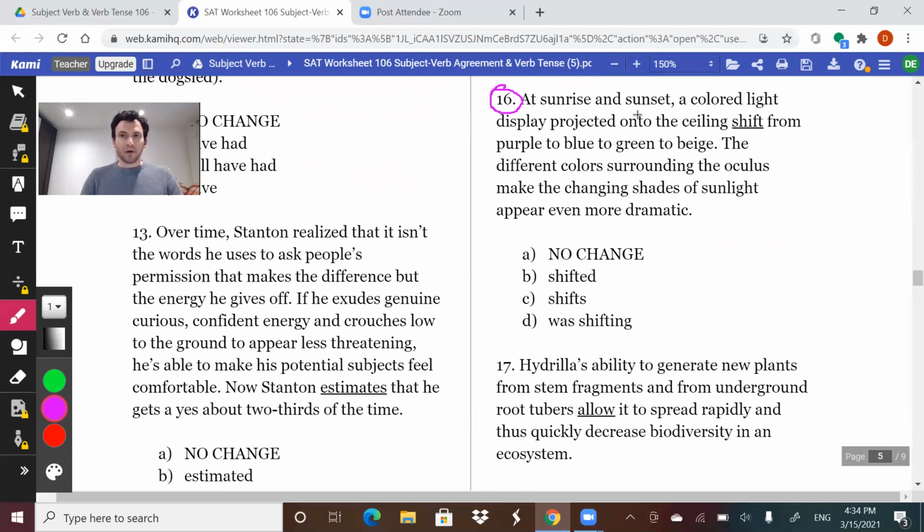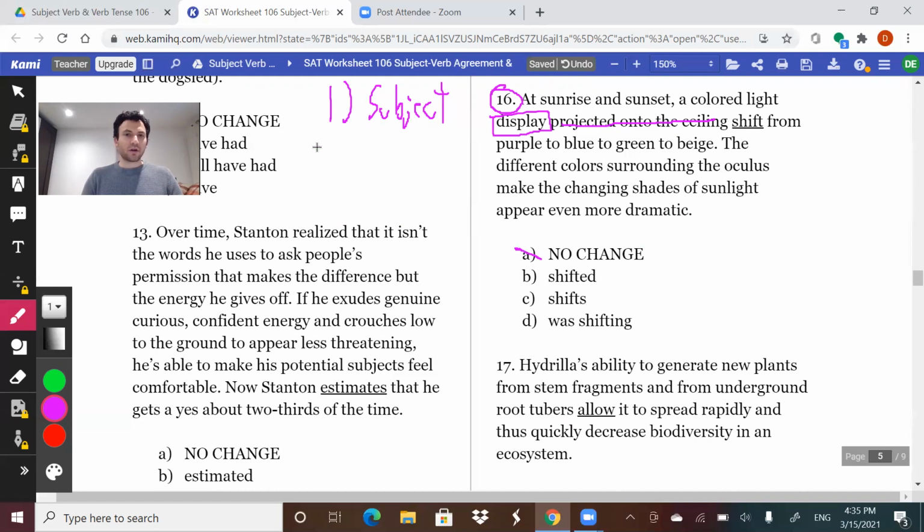Okay, so we know that our subject is the display. Projected onto the ceiling is just a participle phrase describing the display. So the display shifted, shifts, or was shifting. It's not the display shift. It would be the two things shift. So we know we can get rid of the plural answer.